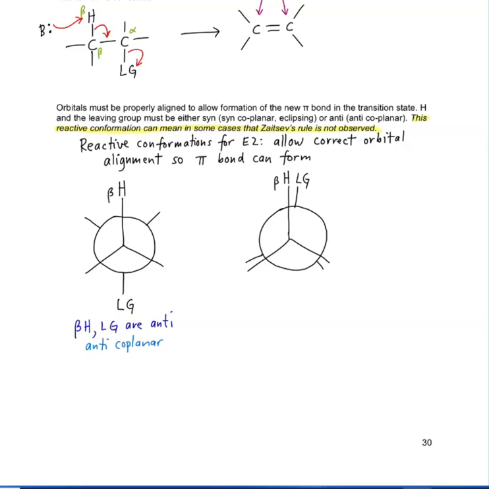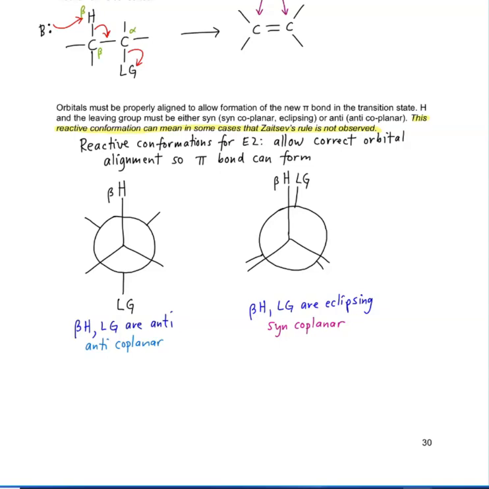In this one, the beta hydrogen and the leaving group are eclipsing. This one is referred to as syn coplanar. So these are the only two conformations through which the E2 reaction can occur.